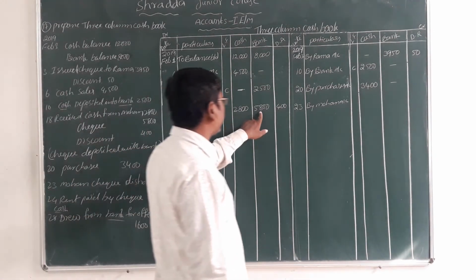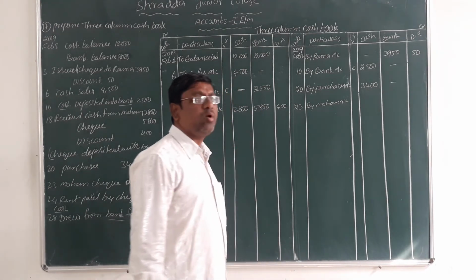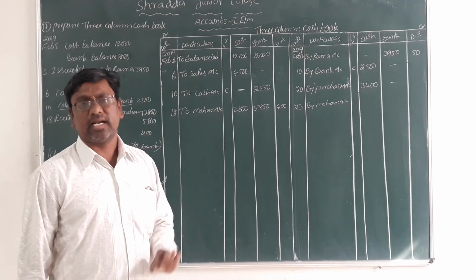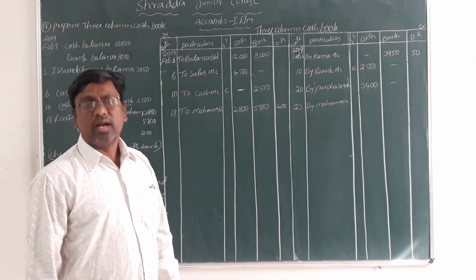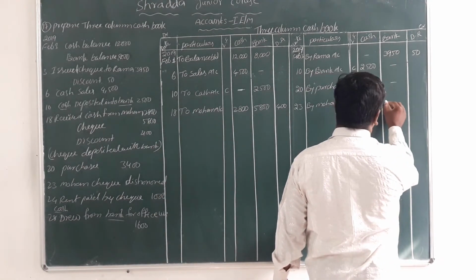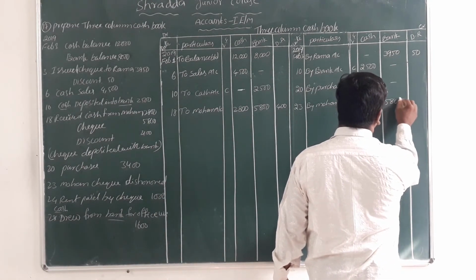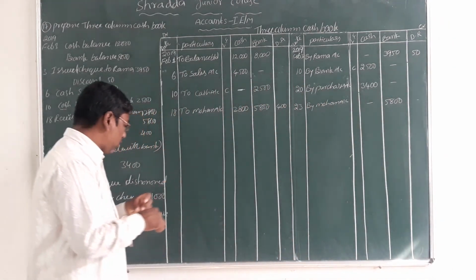Here the check amount of Mohan is given. That amount only we can take. What is the check amount here? 5,800. That amount only we can record in the bank column as the dishonored amount. Okay? Mohan account. That amount is 5,800 rupees.